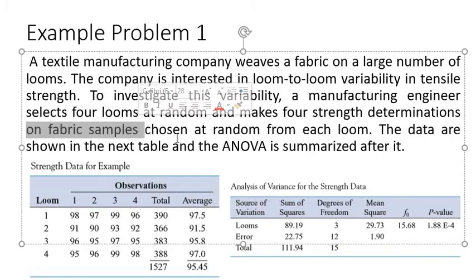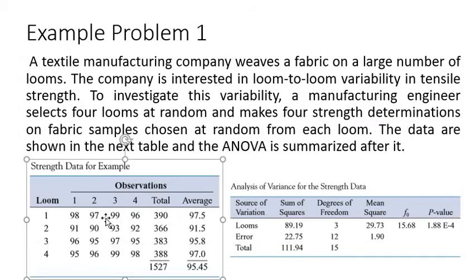He chose 4 labels and 4 observations or samples chosen at random from each loom. The data are shown in the next table. So these are the data.